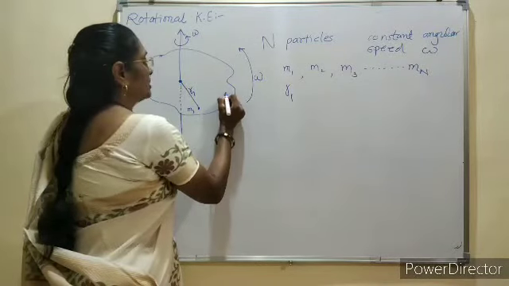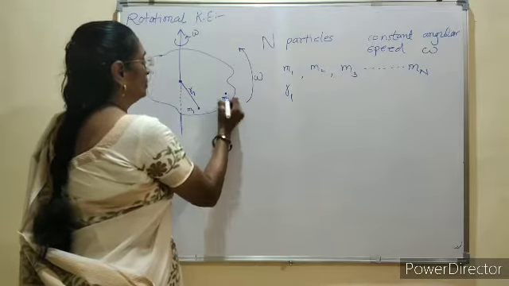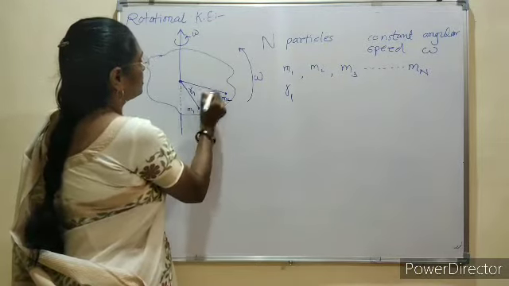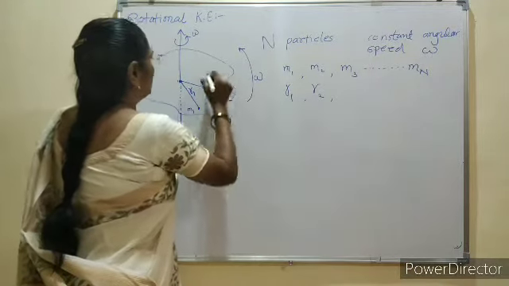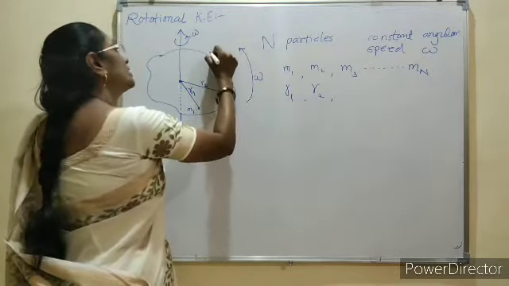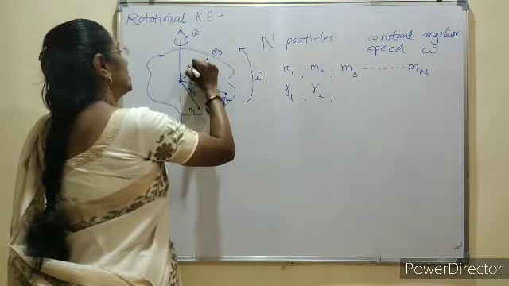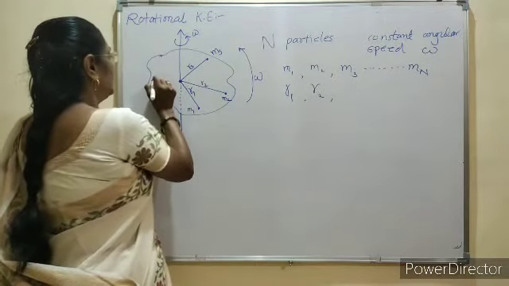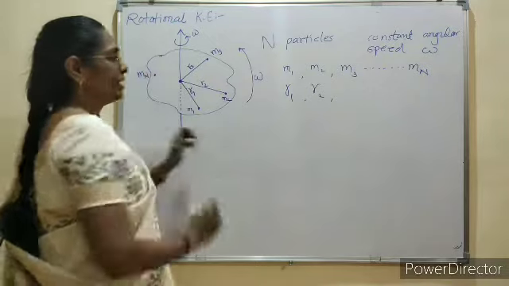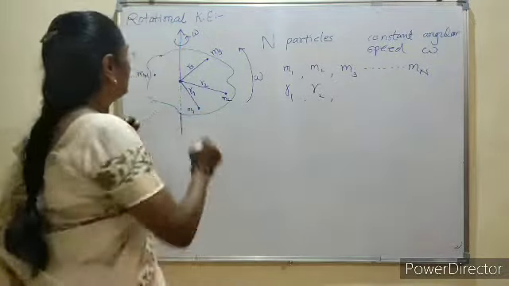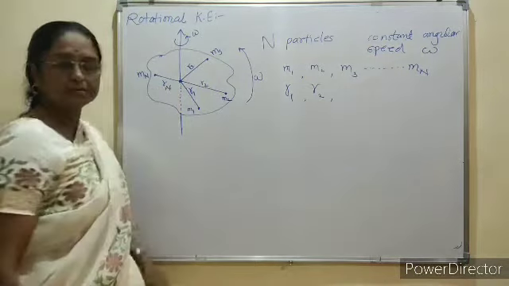Similarly, for the second particle, say m2, the perpendicular distance is r2. Similarly, for the third particle of mass m3, the perpendicular distance is r3. For the nth particle, which is denoted by mn, the last particle, the perpendicular distance is rn.